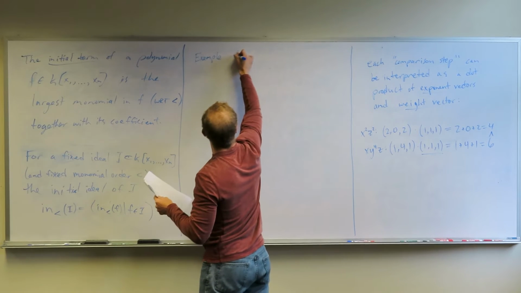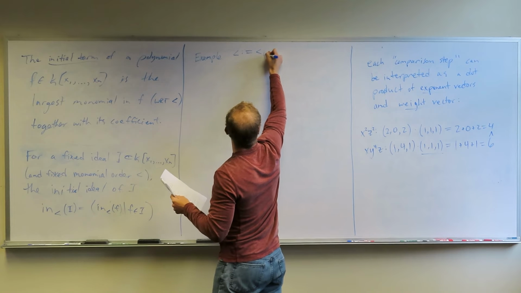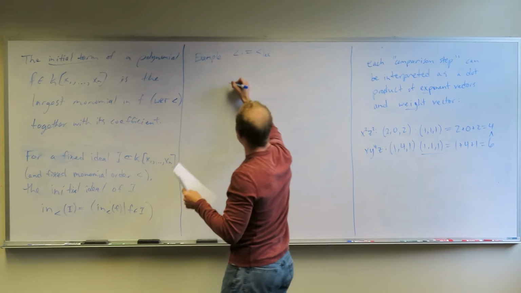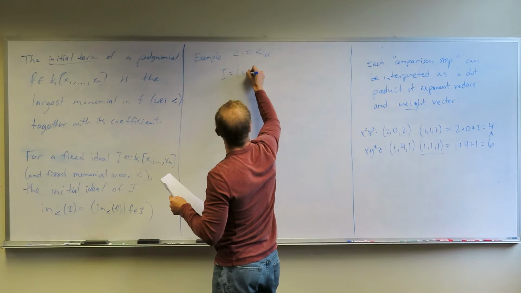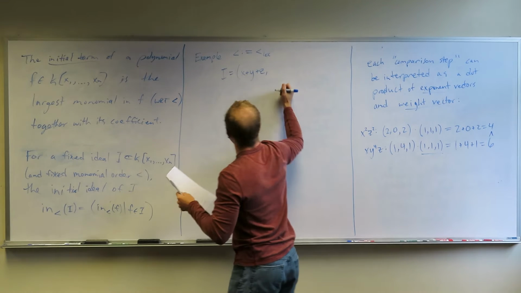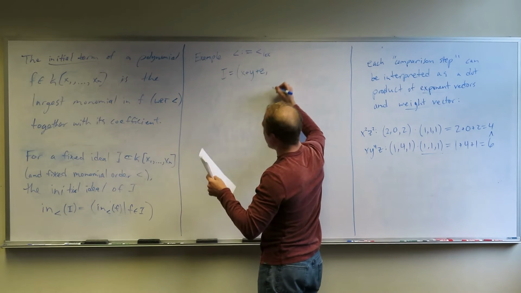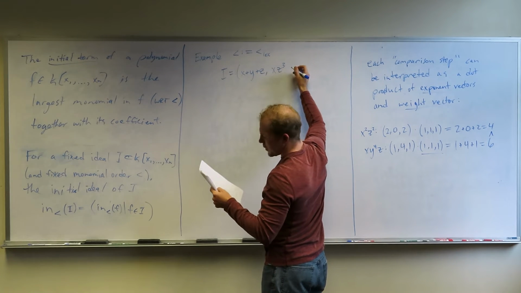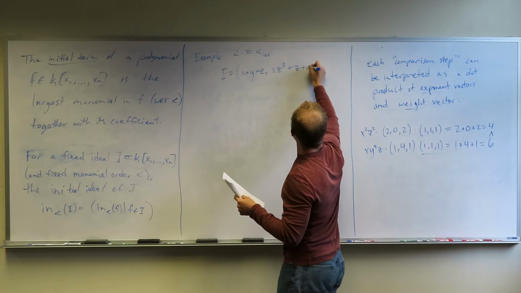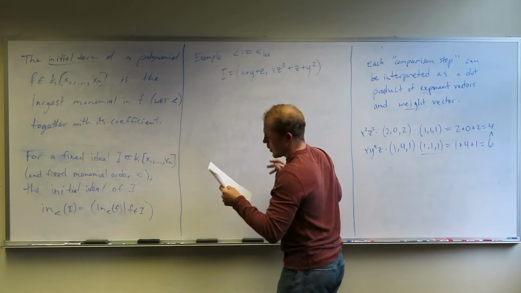So let's fix the monomial order to be Lex, and use this ideal here. So still 3 variables, x plus y plus z, xz cubed plus z plus y squared.